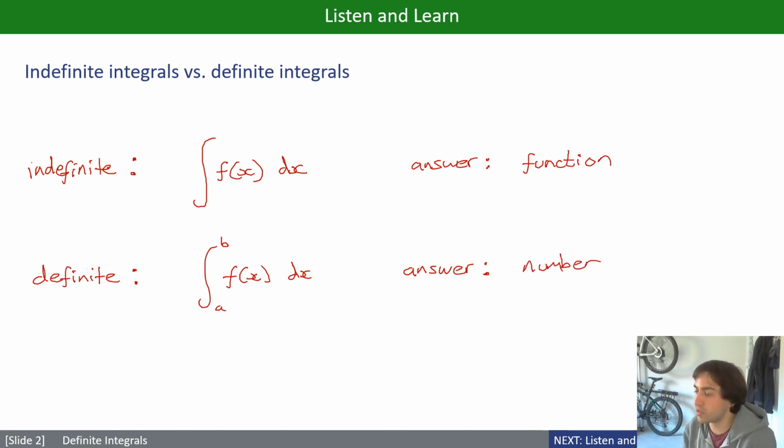Negative or positive, it could be decimal or integer. Okay, I haven't told you yet how to do it, but this is an explanation of how they differ. Indefinite looks like this, definite looks like this. If your answer is a number, you're doing definite integration. If your answer is just another function with a plus c, then it's indefinite. Okay, so let's look at how to actually do a definite integral.